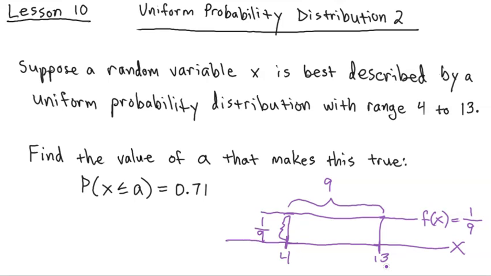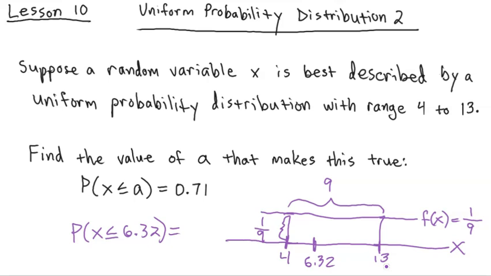In previous questions, we were asked, what is the probability that x is less than or equal to a specific number, let's say 6.32? We identified the area of this rectangle right here.